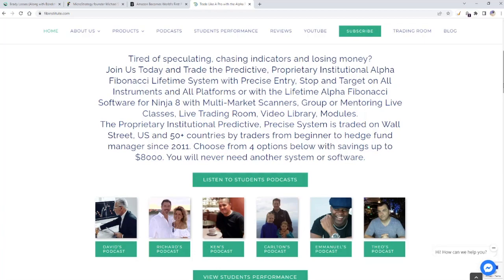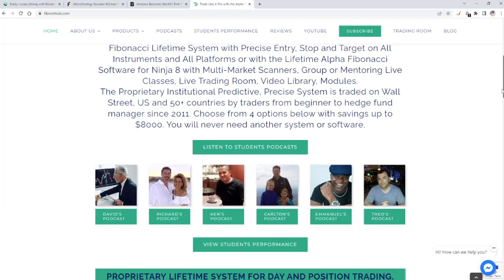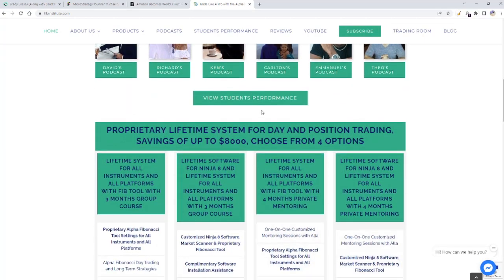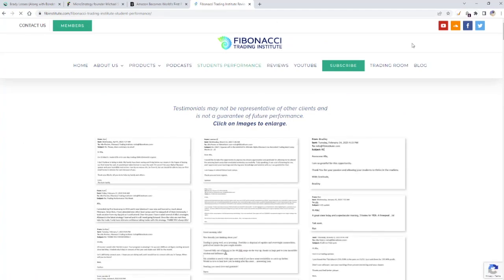Software is not a requirement. You can trade all strategies software free on all instruments, all time frames. Choice is yours. If it's stocks, if it's futures, if it's Forex. So listen to students' podcasts, view students' emails, because if these traders can do it, so can you.